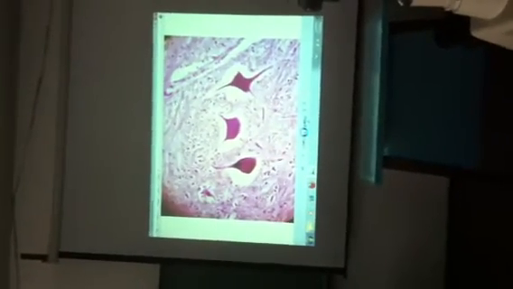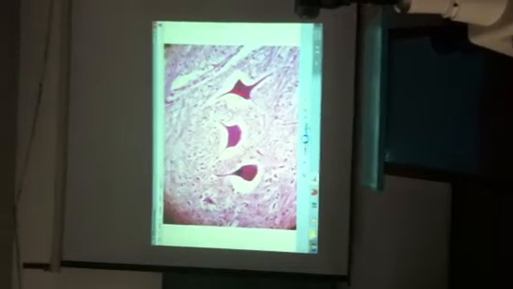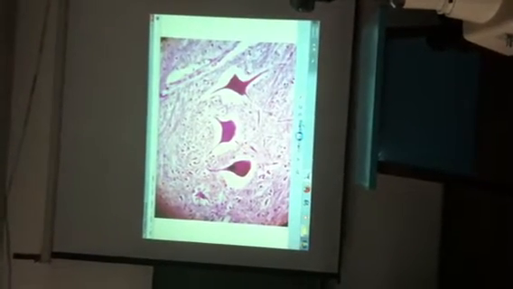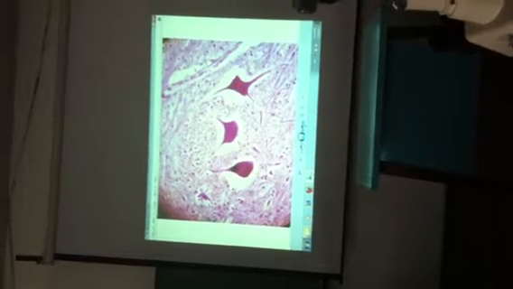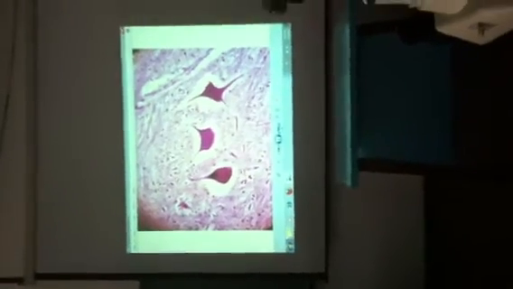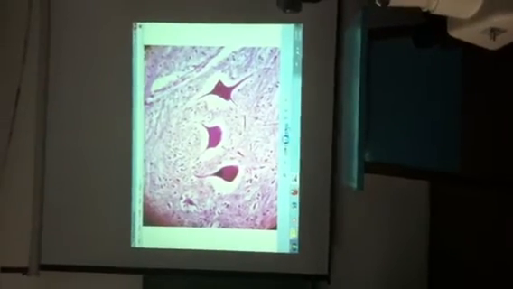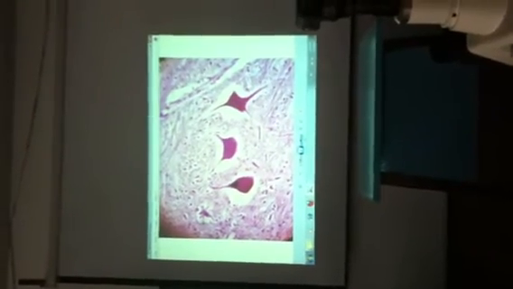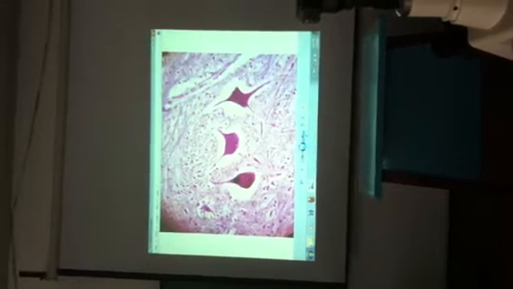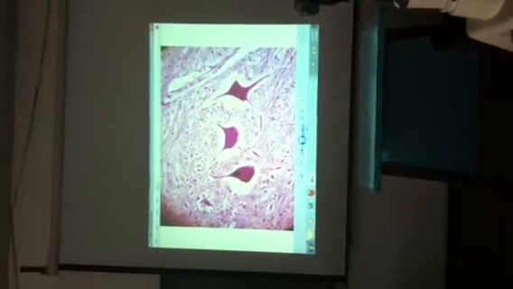What do you see? You see cytoplasmic processes, dendrites, axon. You have a fish-eyed nucleus. If you move the high-power objective up and down, you will see granules in the cytoplasm. These granules are Nissl's bodies. Nissl's bodies correspond to ribosomes.